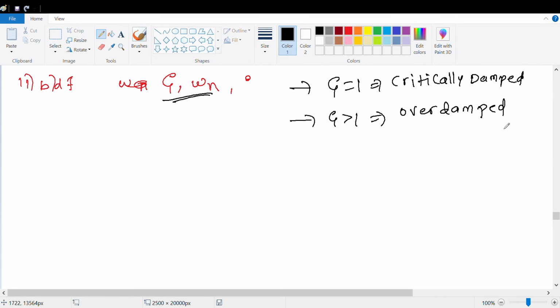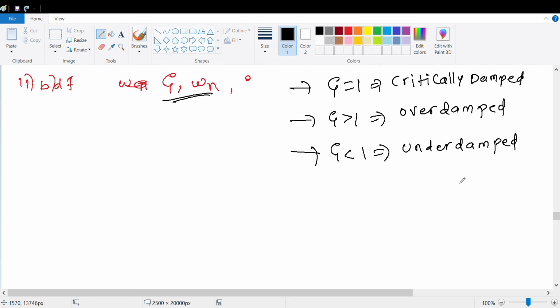Until now we know an overdamped system is a system in which the poles are real and distinct, but we can also find it using the zeta value. If zeta is greater than 1, it is overdamped. And if zeta is less than 1, we call it an underdamped system.